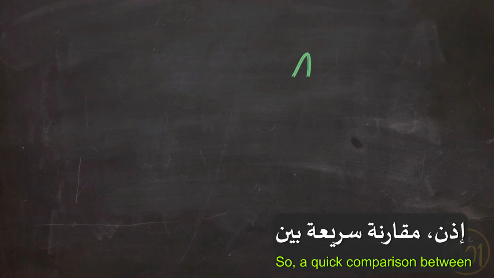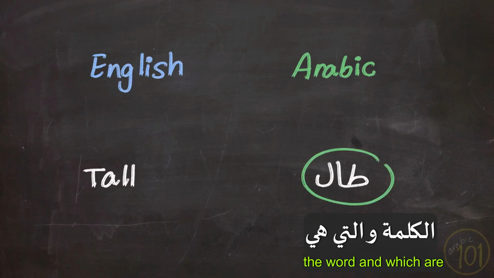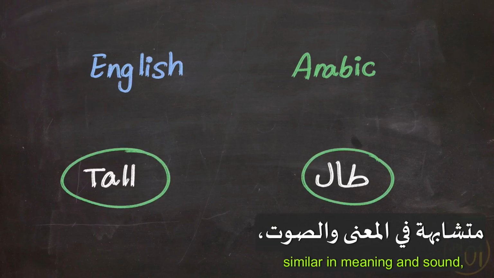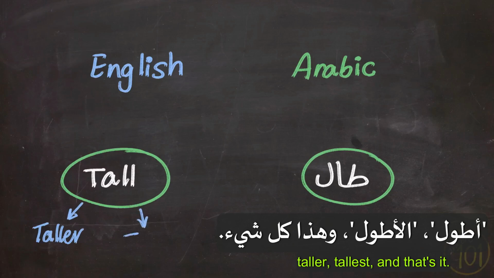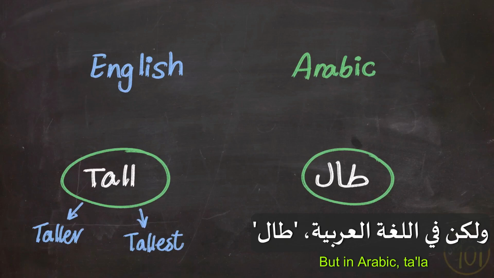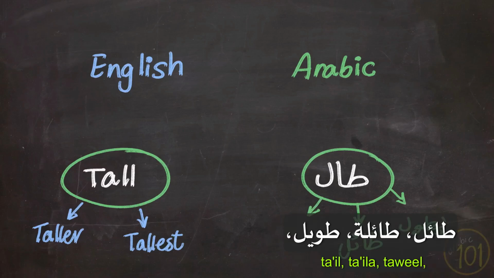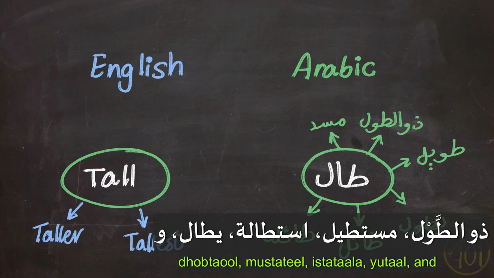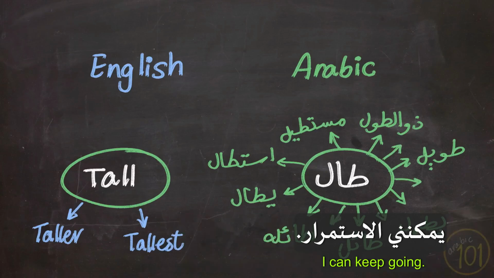So, a quick comparison between the word tala and tall, which are similar in meaning and sound. Tall can be derived into taller, tallest, and that's it. But in Arabic, tala can be derived into yatul, ta'il, ta'ila, طويل, ذو الطول, مستطيل, استطال, يطال, and I can keep going.